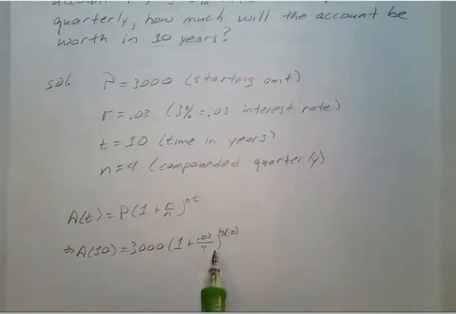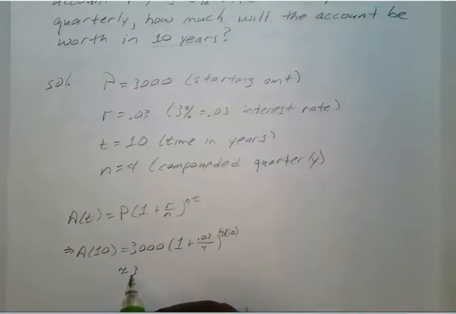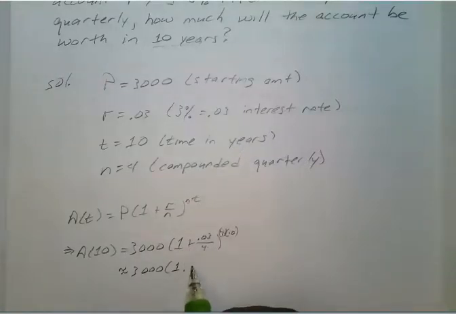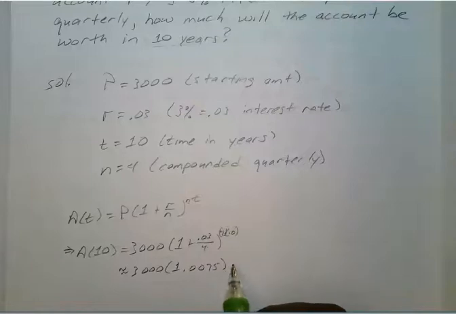Okay, so we can go ahead and simplify in here, so that means it'll equal 3,000 times 0.03 divided by 4 is 0.0075, so 1 plus 0.0075 is just 1.0075 raised to the 40th power.